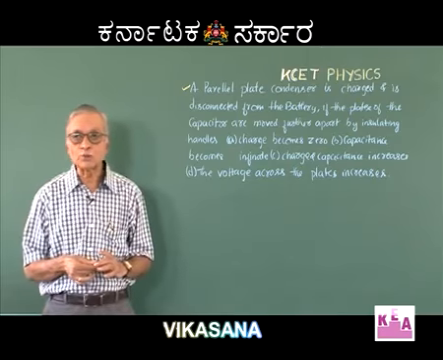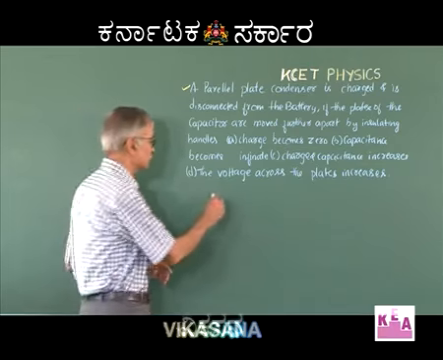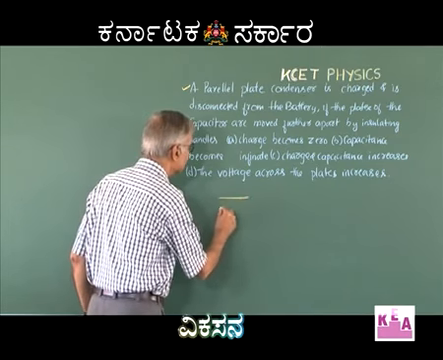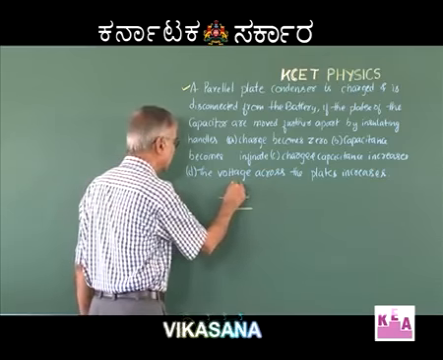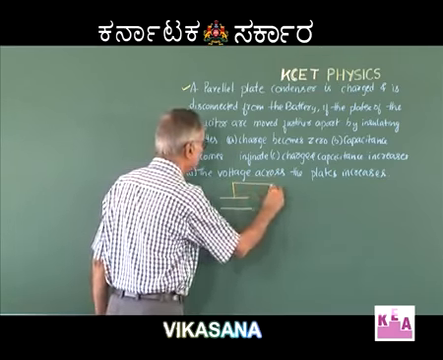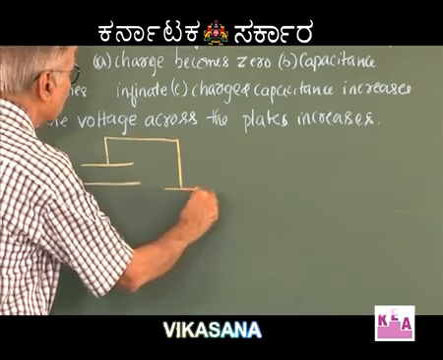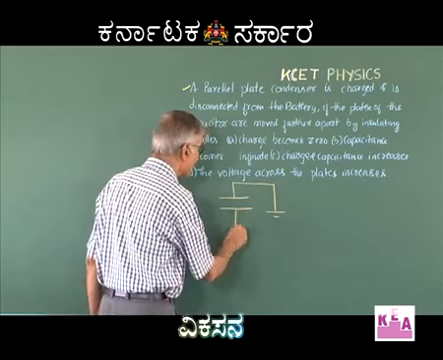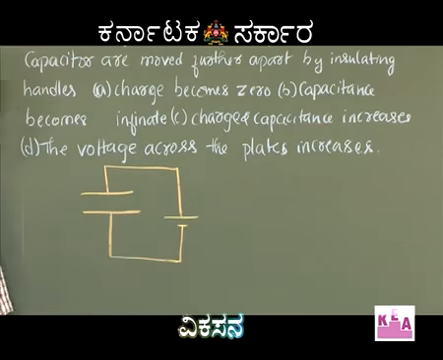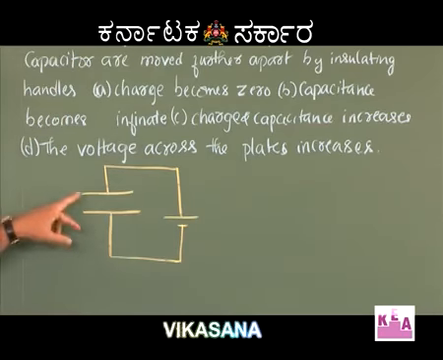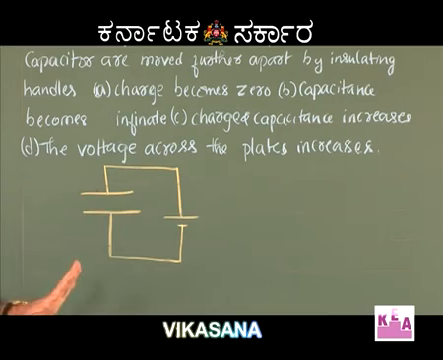Please note, suppose this is a capacitor. If you want to charge it, it should be connected to the terminals of the battery as shown here. When you connect it to the battery, the condenser will be completely charged to its full capacity.